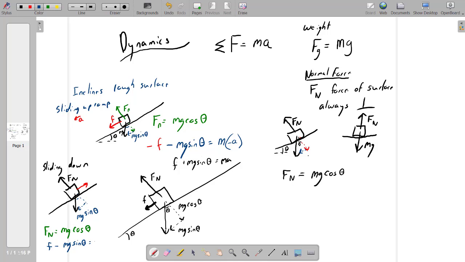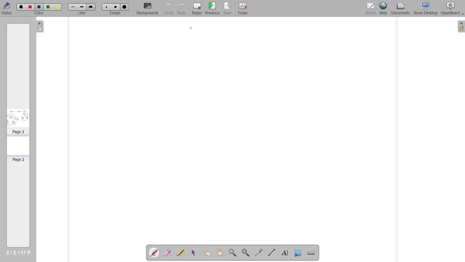And that's equal to mass times acceleration. But here the acceleration is going down, so I would have a negative acceleration. All right, let's move on because we got a bunch of stuff to cover.